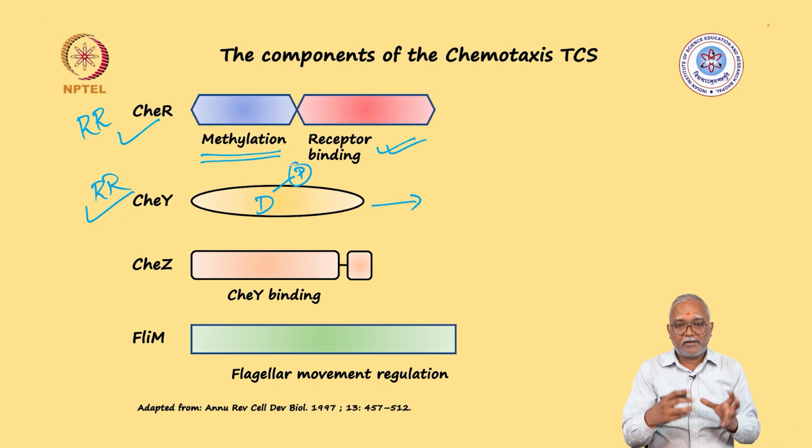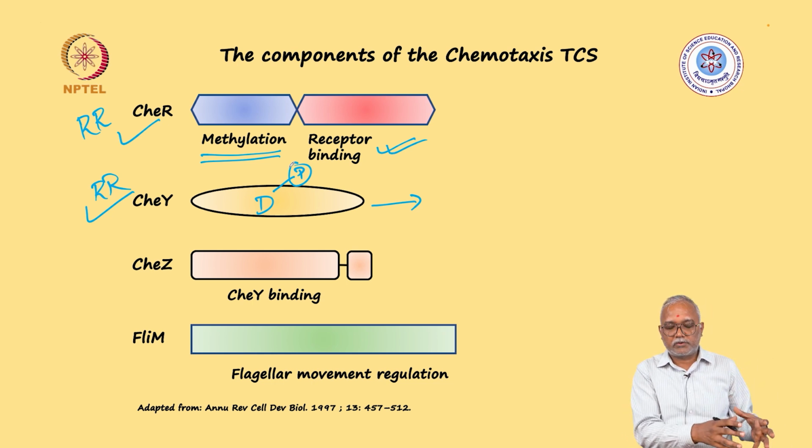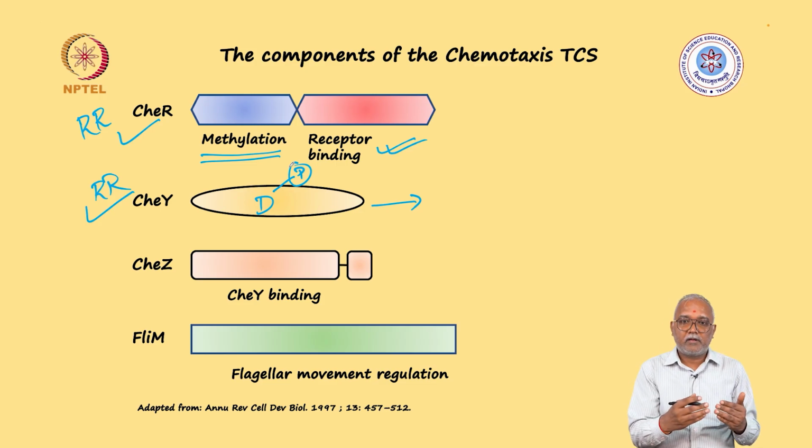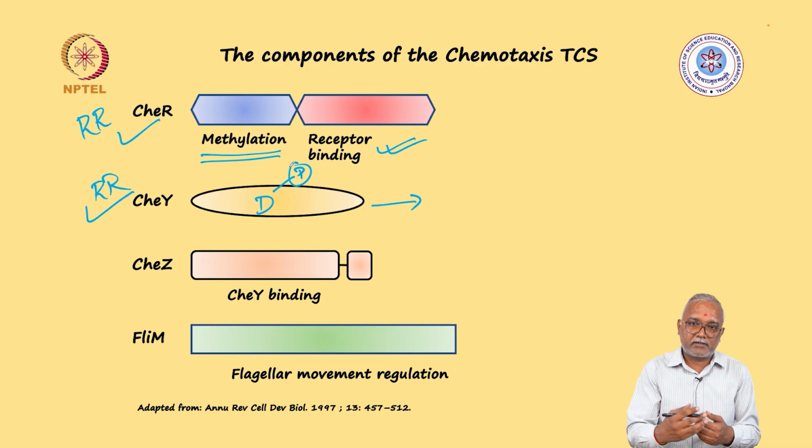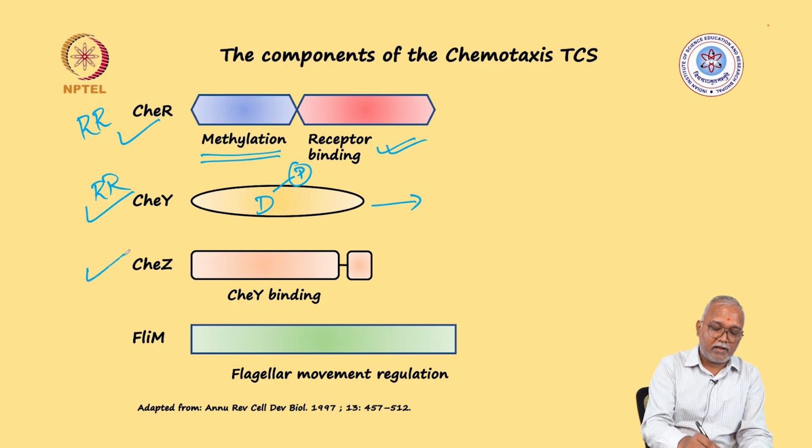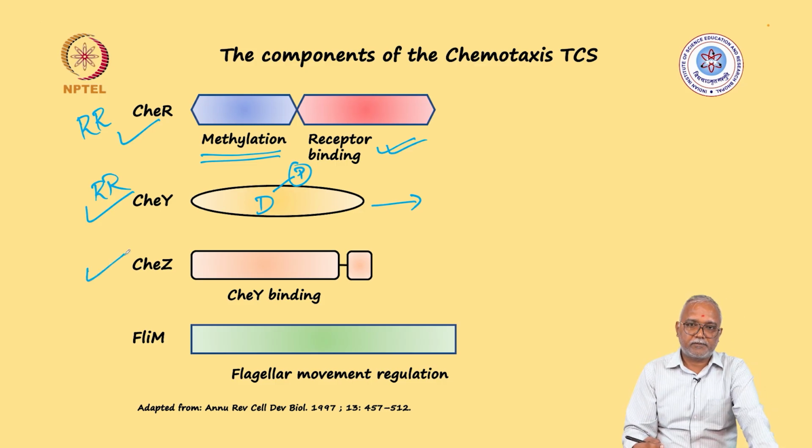So you will find that there are multiple of these molecules present over there, and they play a crucial role in ensuring that the movement of the signaling event is in the forward direction, giving feedback signals so that the receptor activity can be regulated, and also ensuring that different responses are mounted.